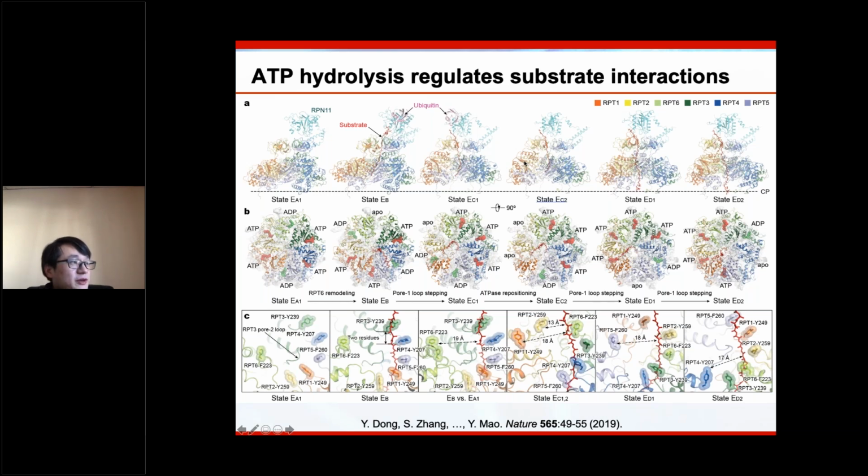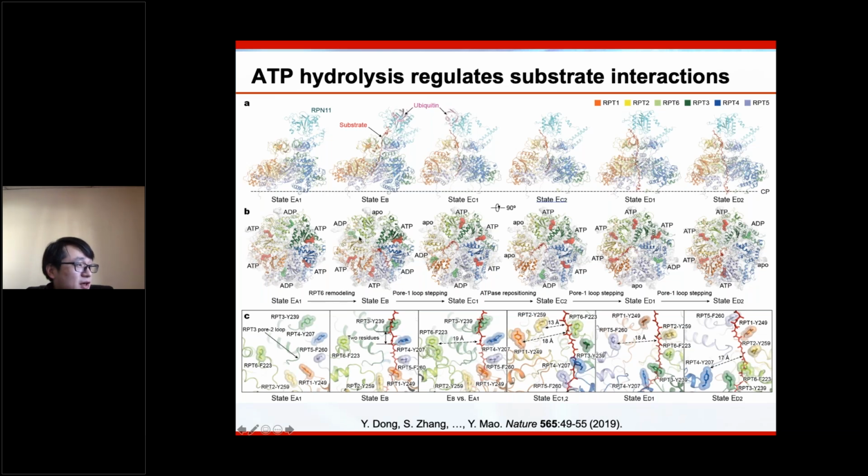If you look very closely at the ATPase, the structures show, in the current slide, that we fix the orientation of the ATPase and just look at how the ADP, or nucleotide state, changes. What is interesting is that in the EA1 state, the ADP is at the topmost subunit, and this hydrolyzed ADP moves counterclockwise.